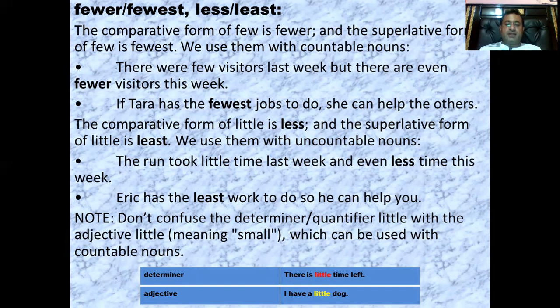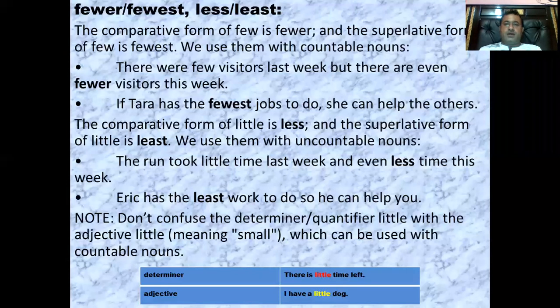Here in this sentence, little is being used as a determiner, meaning very small time, very few minutes, a couple of minutes. In the second sentence, I have a little dog. Here little is not used as a quantifier. It is used as an adjective, meaning I have a small dog. So don't get confused between little as a quantifier and as an adjective.